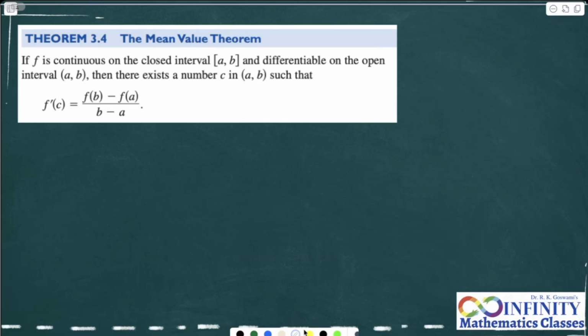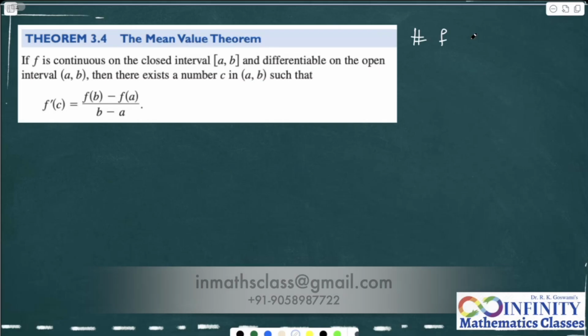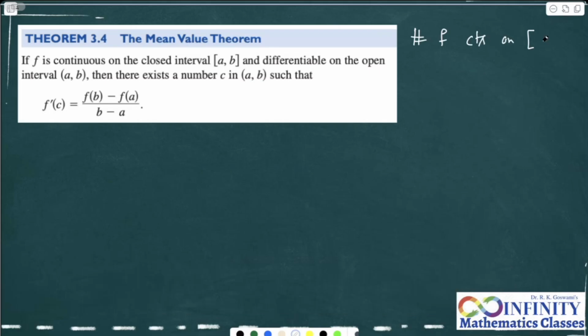Suppose there is a function f which is continuous on the closed interval [a, b]. It is exactly the same statement we had in Rolle's theorem. Second, assume that the derivative exists on the open interval (a, b).